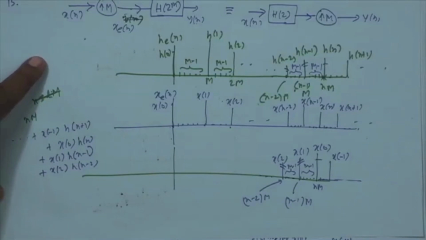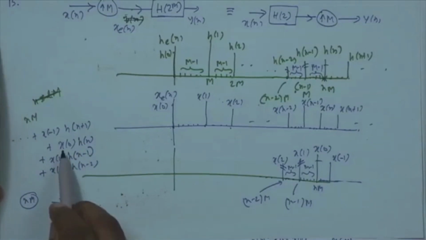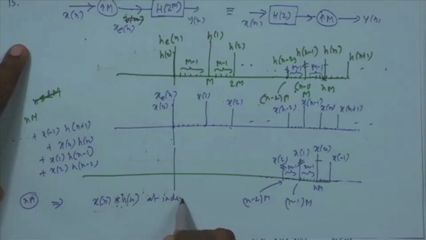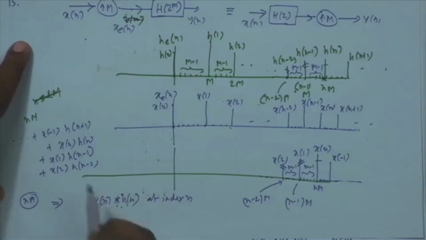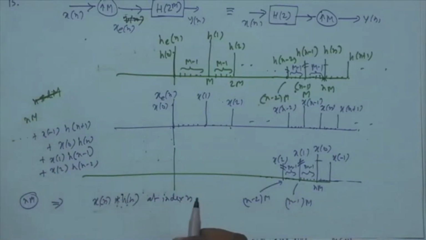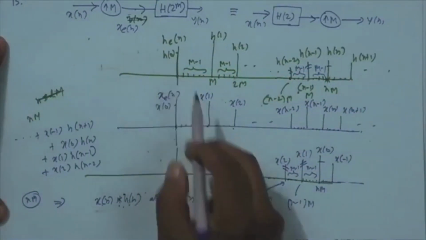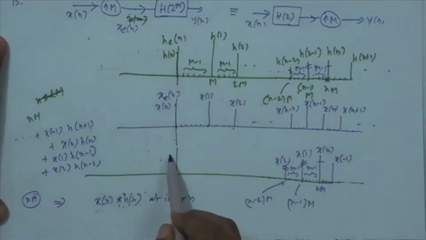All right. So, at nmth position, the output is this, but what is the output? You see, it is simple convolution between x n and h n at index n, isn't it? x 0, the original convolution, forget about these zeros, the zeros are not there, say original h. So, h 0, h 1, h 2 and x 0, x 1.